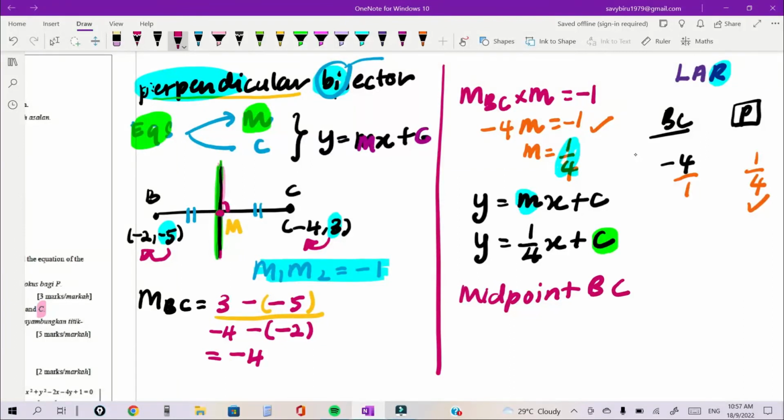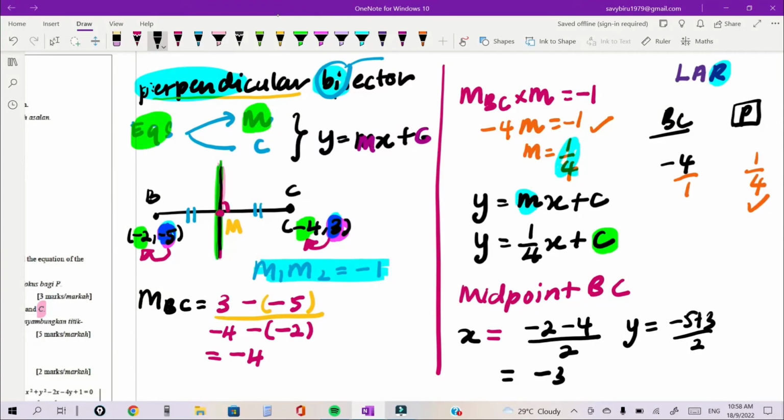To find the midpoint, just use the formula of midpoint. Add both the x coordinates of B and C, -2 plus -4, over 2. Then you will get the x coordinate as -3. And the y coordinate of the points B and C: -5 plus 3 divided by 2, you will get -1.